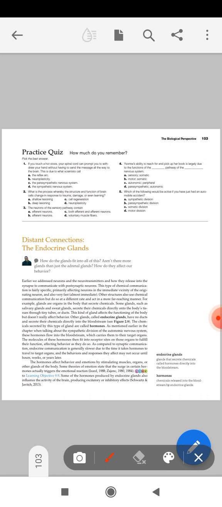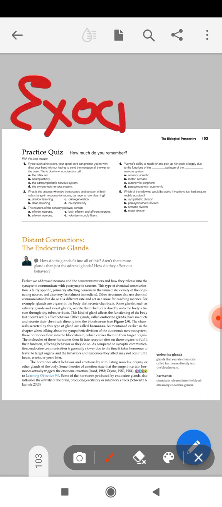Glands are the organs of a body which secrete some chemicals either into the blood directly or indirectly. So these glands are divided into two parts. First one is exocrine glands, and the second one is endocrine glands.